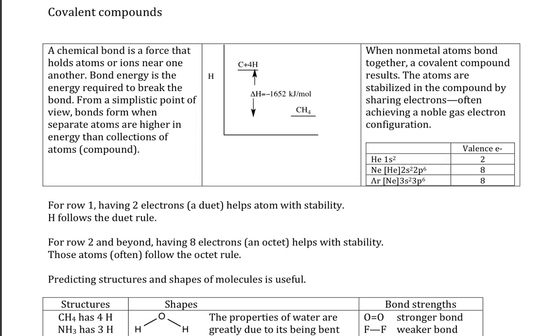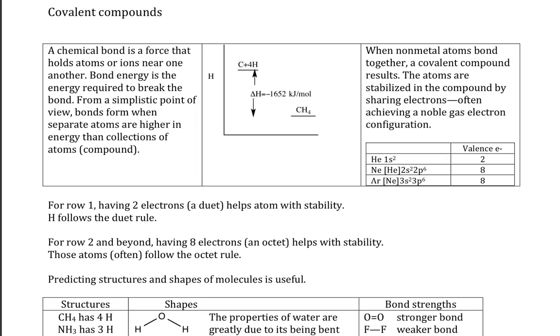Okay, and we have that energy level diagram, enthalpy versus time for the formation of CH4 from C and 4 H's. So we see the product at a lower energy, which would explain why that one would form. Atoms come together to form compounds because the compounds are at a lower energy.